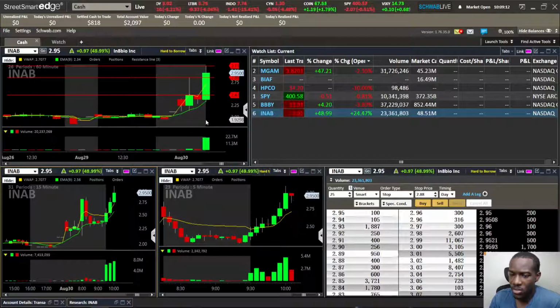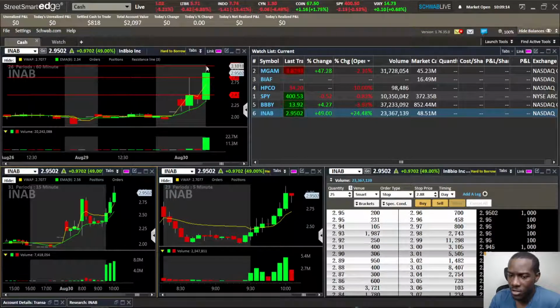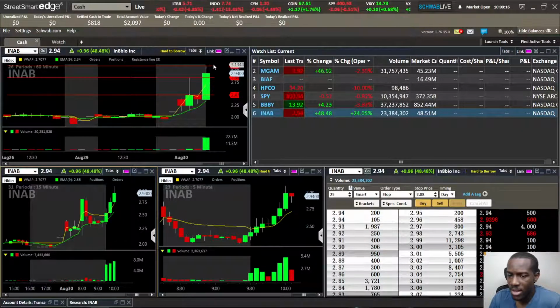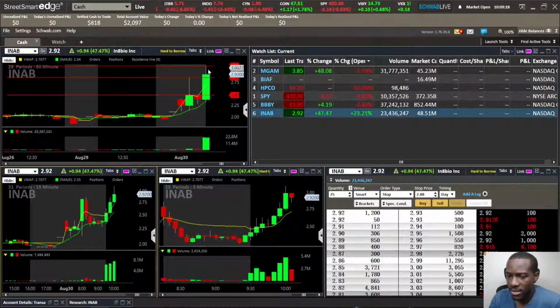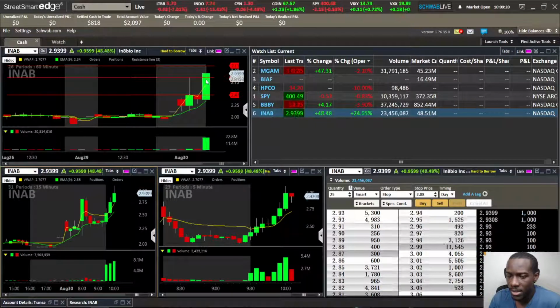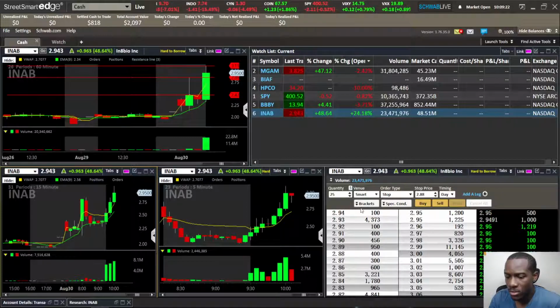Having some issues around that $3. Now, at first, the issues were all the way up here, right under that 315 level we saw on the daily chart, right up to the 310, and now facing problems right at the 3.